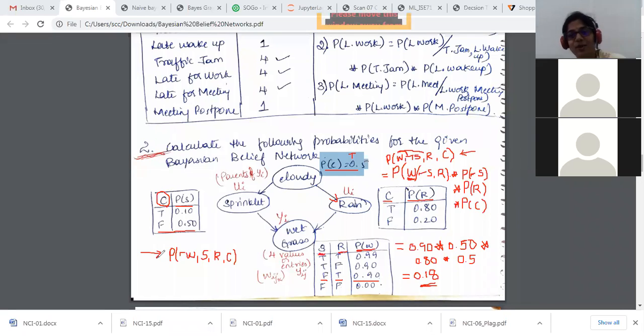It's just a thinking question. When something is given to you, you will do it. When something is not given to you, is it P of not W given S comma R? Okay. Whatever you're telling is right. I'm going to write it in the same inference model. But what will be the value for that?